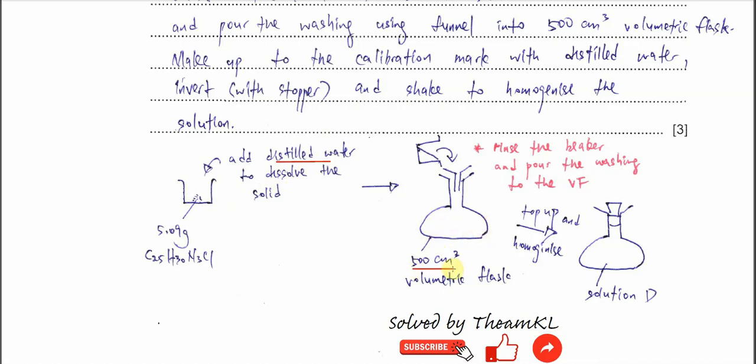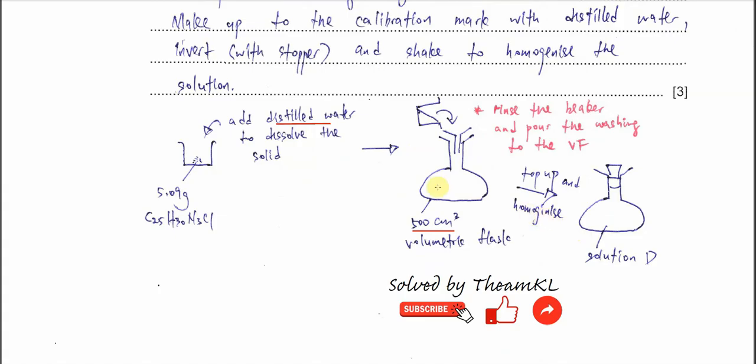It must be 500 cm³ because we need to prepare 500 cm³ of solution. After the solution is poured from the beaker into the volumetric flask, we need to rinse the beaker a few times, to make sure all the compound gets into the flask. After that, we top up to the calibration mark and homogenize the solution.